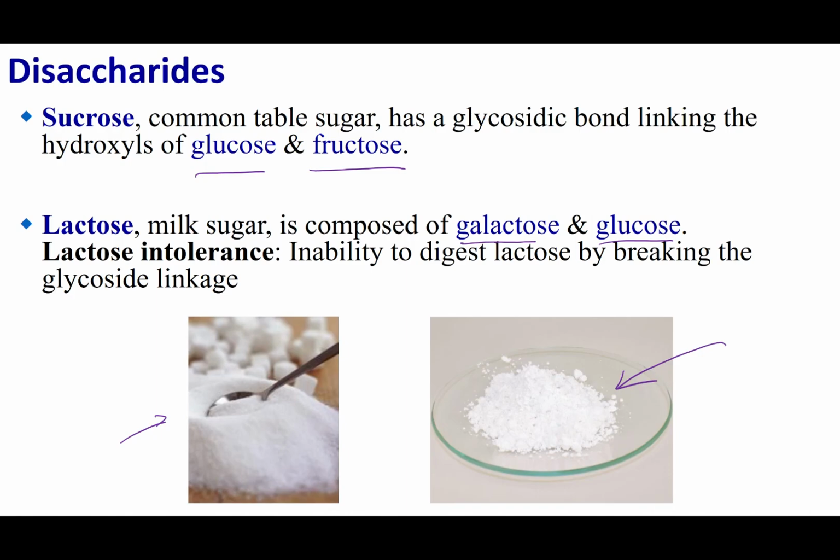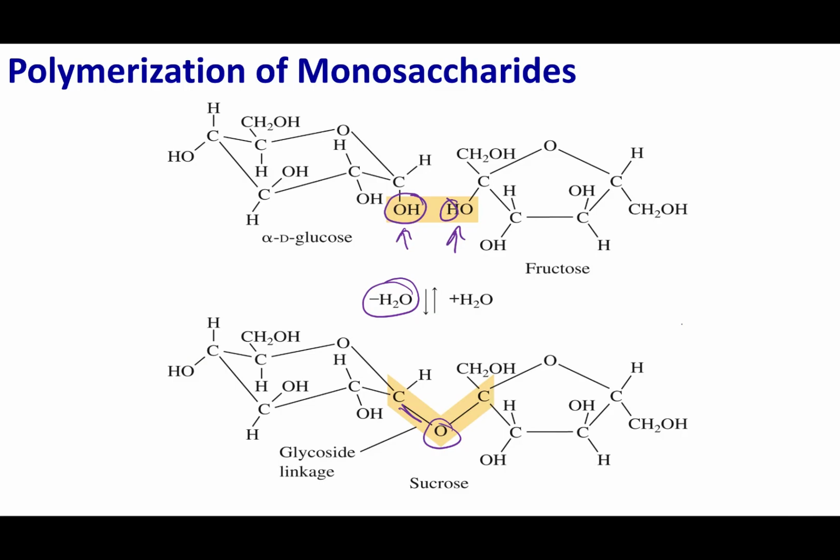Now, the reason I'm bringing up lactose is what you will note is that these disaccharides have a lot of potential energy. The carbohydrates is how biological organisms store energy. And lactose has a lot of energy stored in it. However, for those of you that are lactose intolerant, you lack an enzyme to break lactose apart. You see, what happens in your body is you're going to take the disaccharide and you're going to use enzymes and add water to break them up into the simple sugars, where then you can further metabolize them.